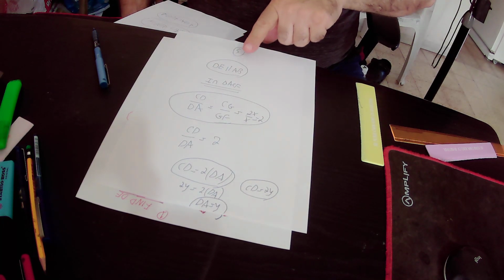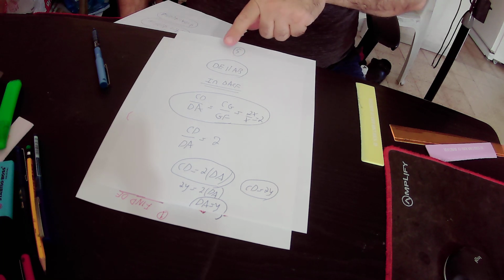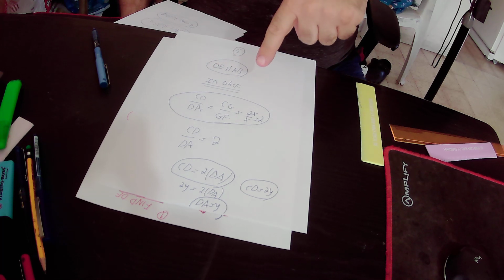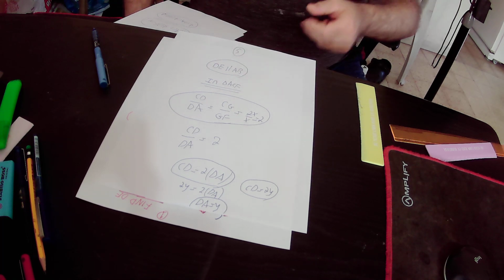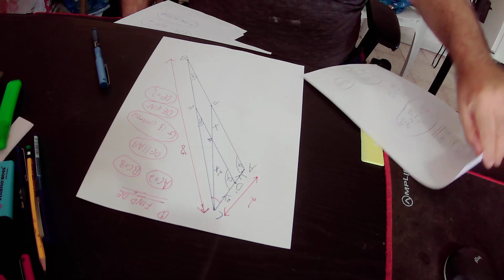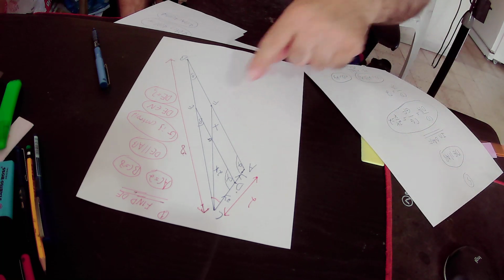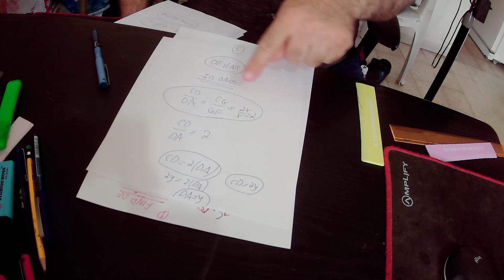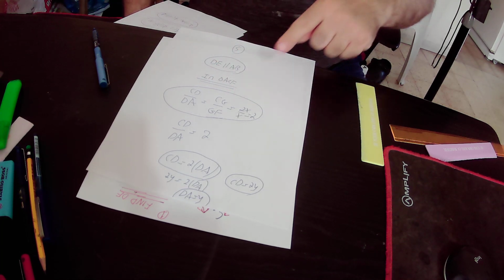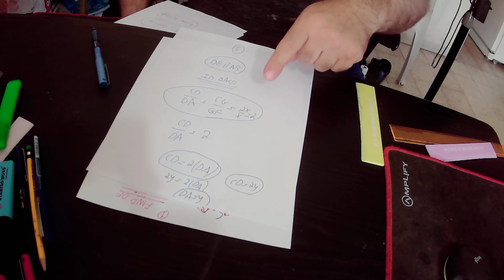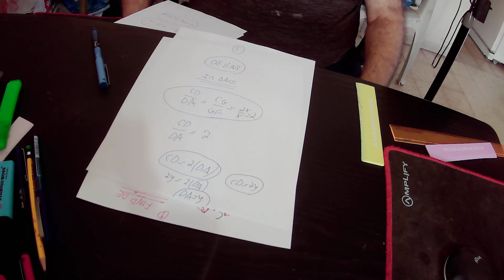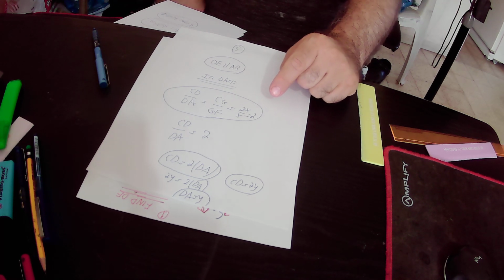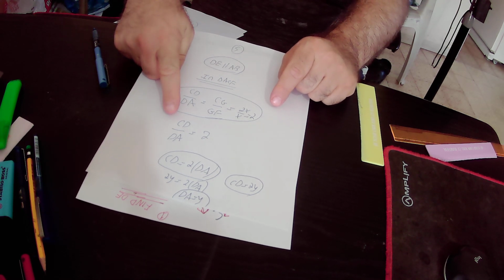In triangle ACF, because DE is parallel to AB, CD over DA will be equal to CG over GF. But we know that the value of CG is 2x and the value of GF is x. So we can write that CG equals 2x and GF equals x. And 2x over x is 2, because x over x is 1, x gets cancelled. So we found out that CD over DA equals 2.